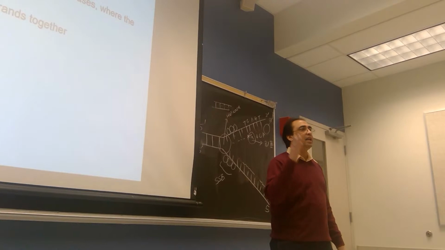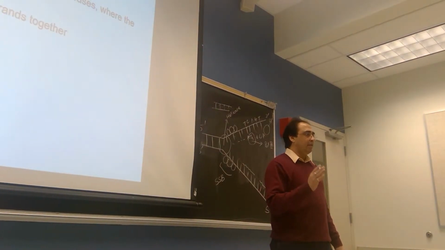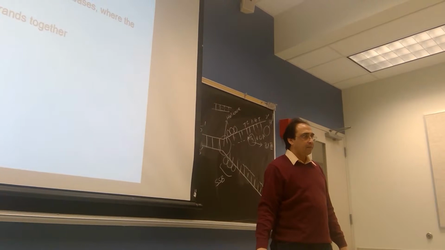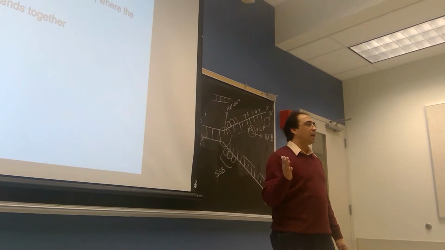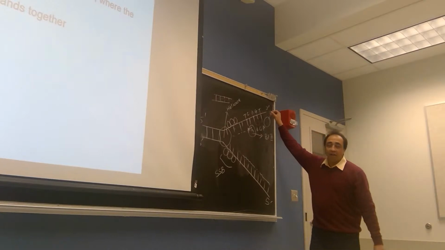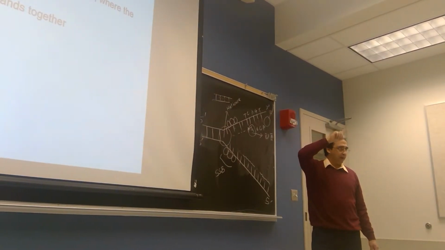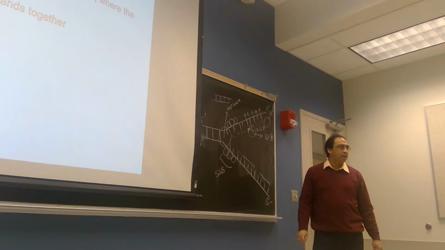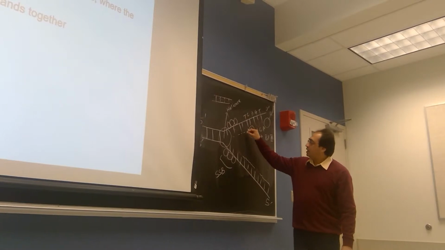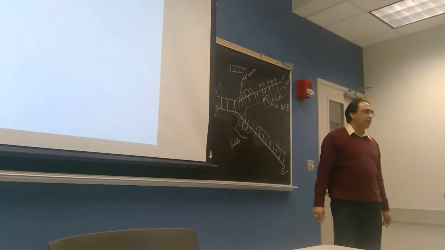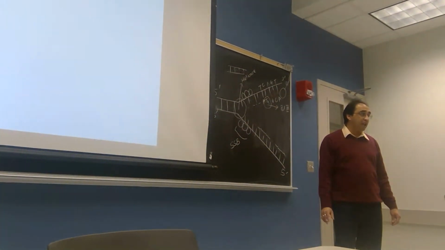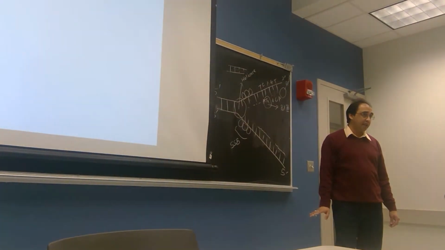Nuclease activity means cutting the nucleotides, and polymerase activity means adding the nucleotides. Both are cutting of nucleotides. But if they cut the nucleotides at the end of a segment, that is called exonuclease activity. If they can cut anywhere in between in the segment, that is called endonuclease activity. Not every enzyme has endonuclease activity.